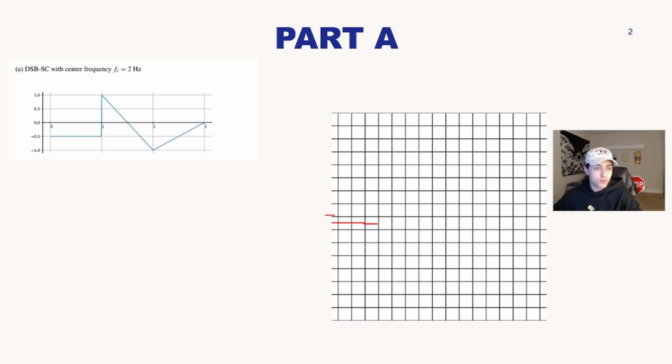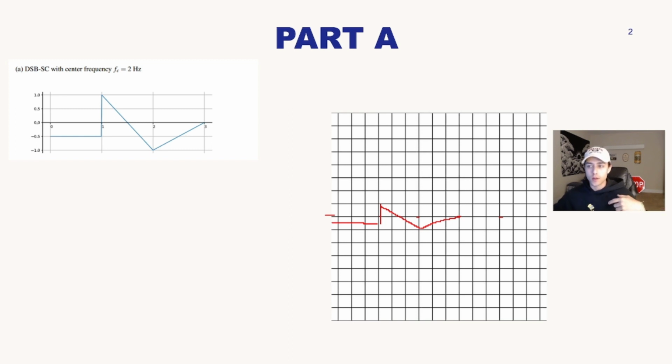So we have 1, 2, 3, and this is going to be another one, 1, 2, 3, and this is going to be 3. Here we go up to 1, and then we're going to go from 1 to 2 and down a whole level. And then we're going to go from 2 to 3 all the way to 0. Like that, and that's the positive one.